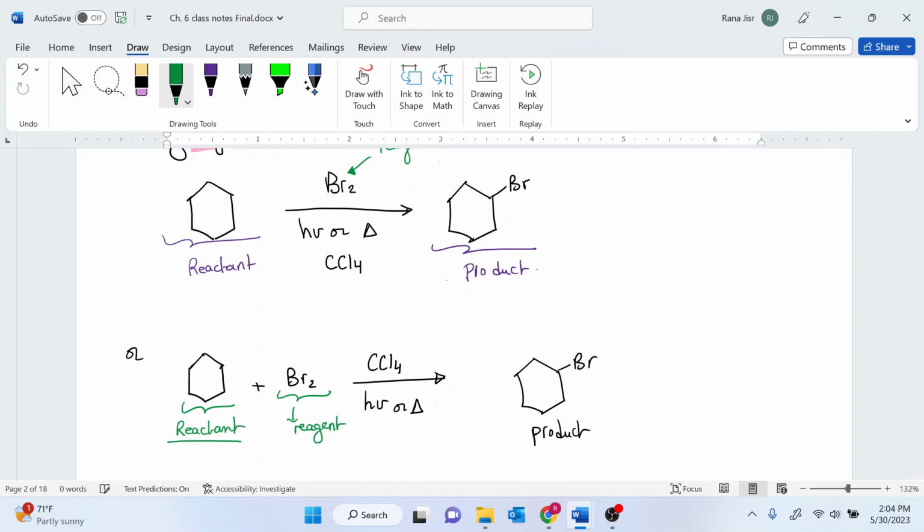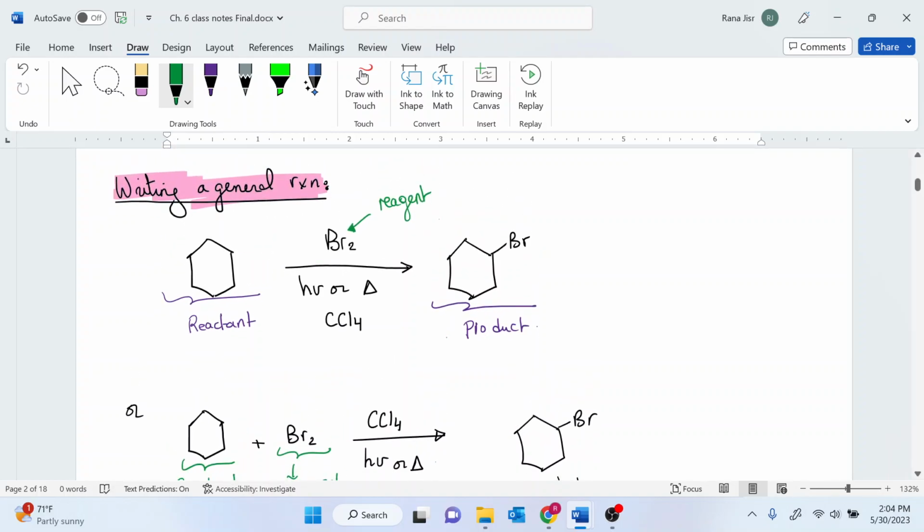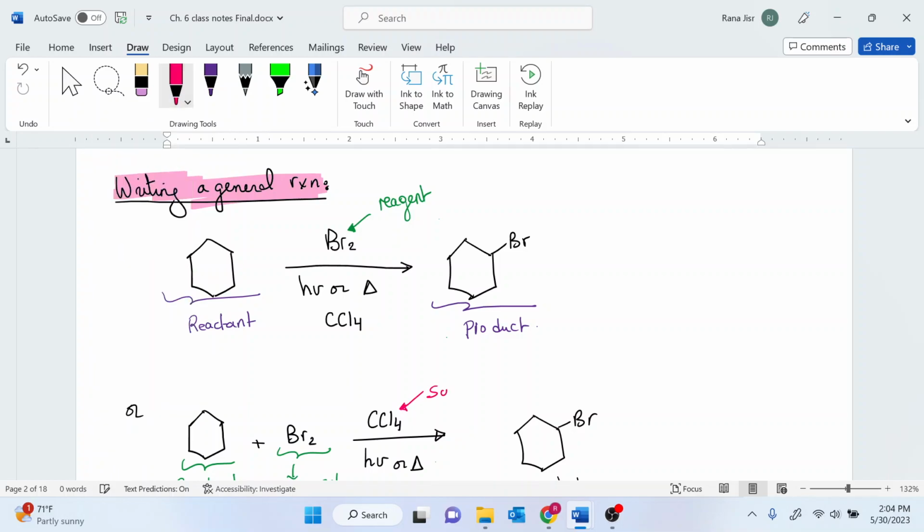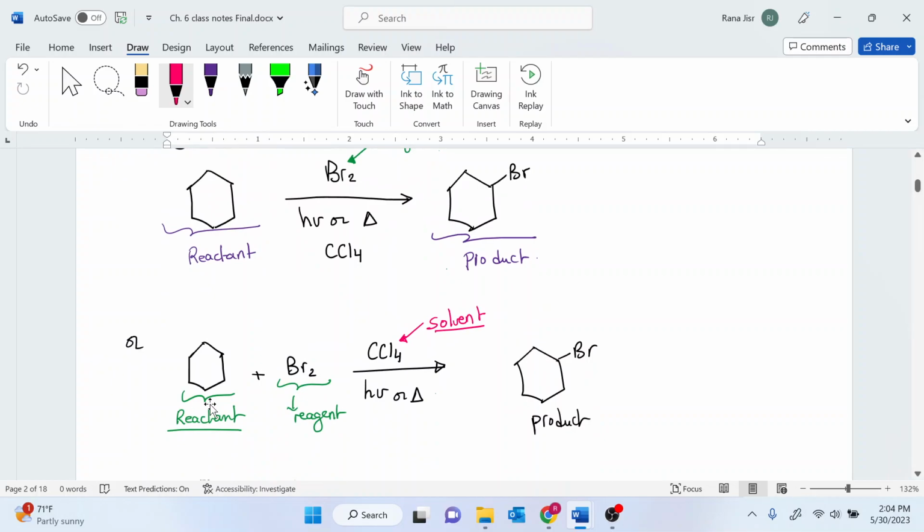Okay. And then you have the reaction conditions and the solvent. Now, normally the solvent is placed either above the arrow. So this one over here is the solvent. And the role of the solvent is to dissolve the reactants with the reagent.